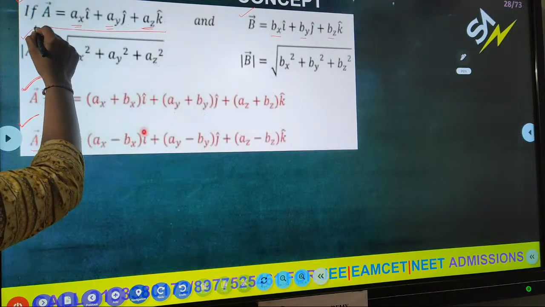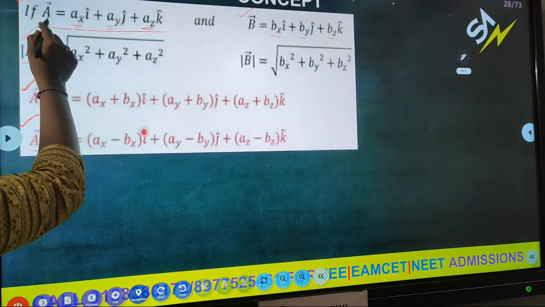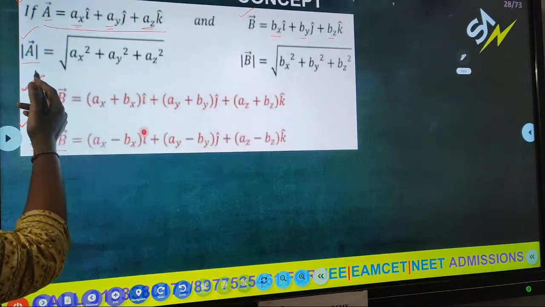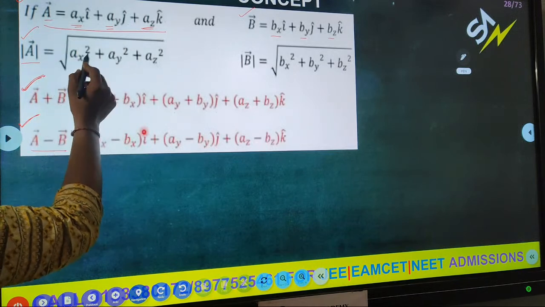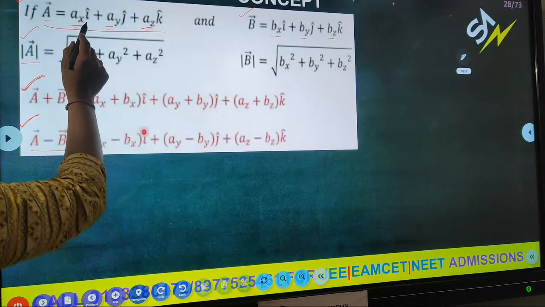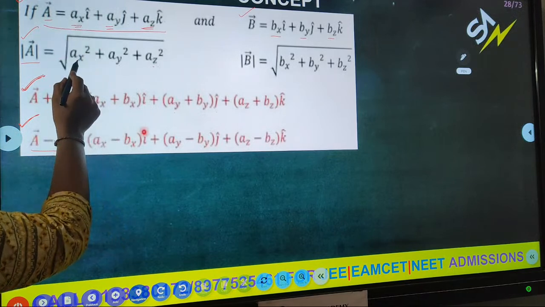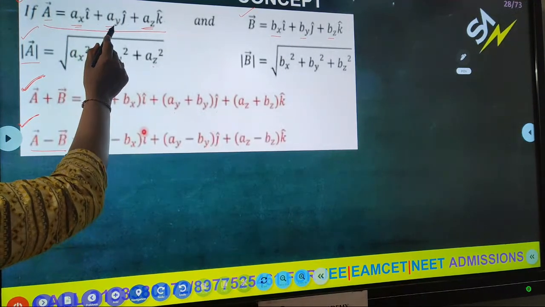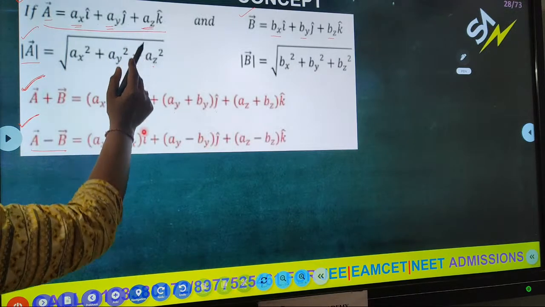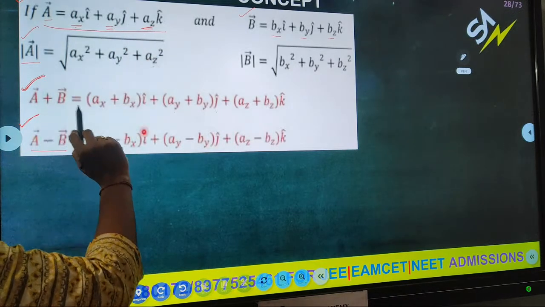And here the magnitude of the vector in the coordinate system is the same as the position vector, under root of x square plus y square plus z square. Here x component is ax, so ax square, y component is ay square, z component is az square.